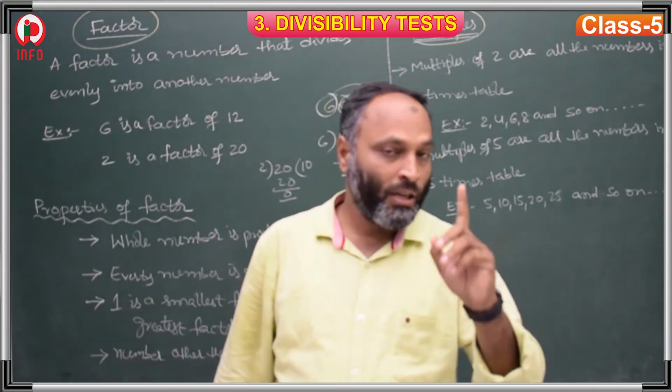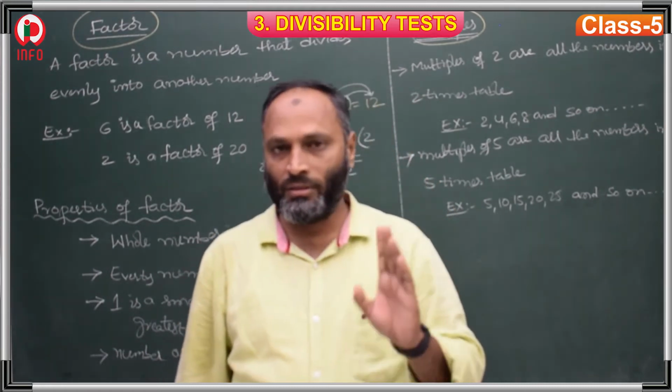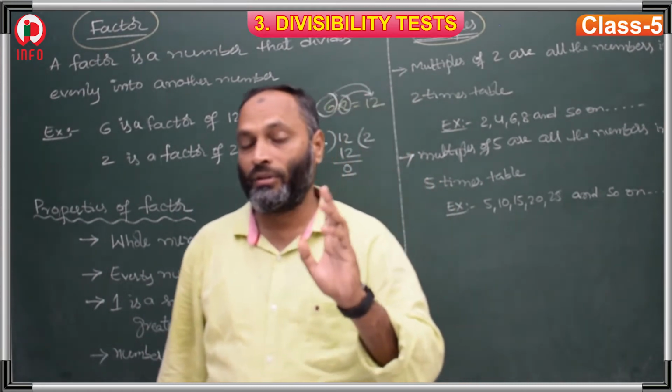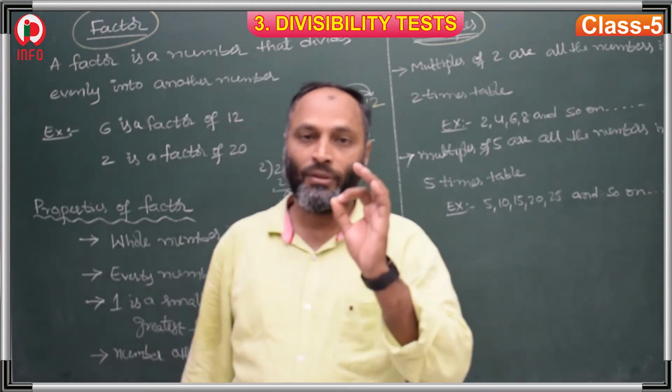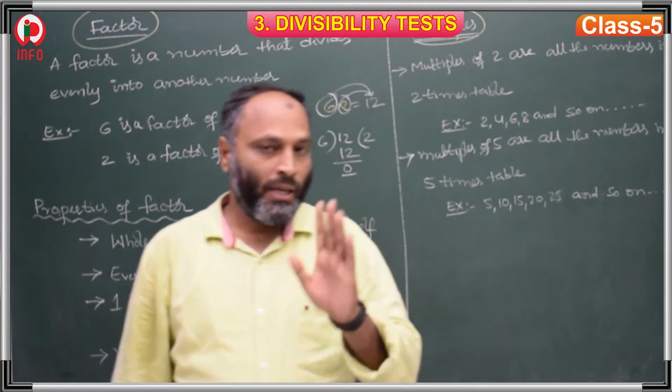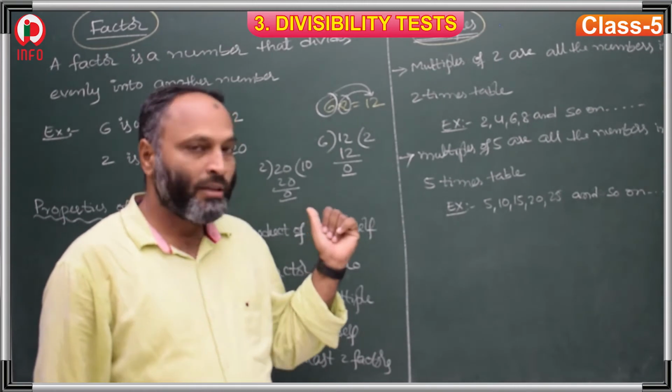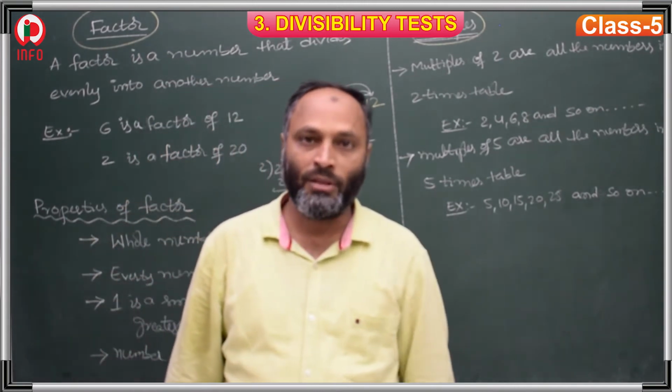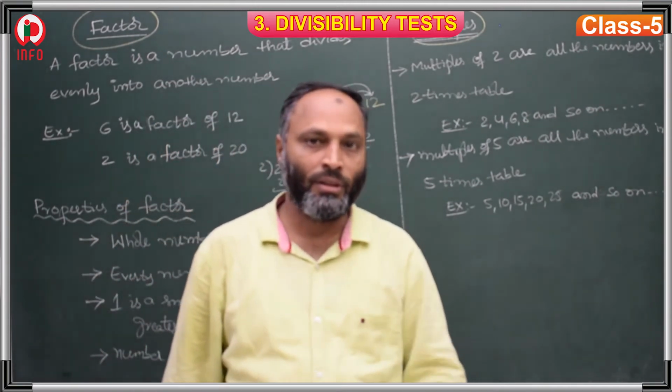So 1 multiplies all numbers, that is why 1 is a factor of all the numbers. In the same way, 0 is also a factor of all the numbers.